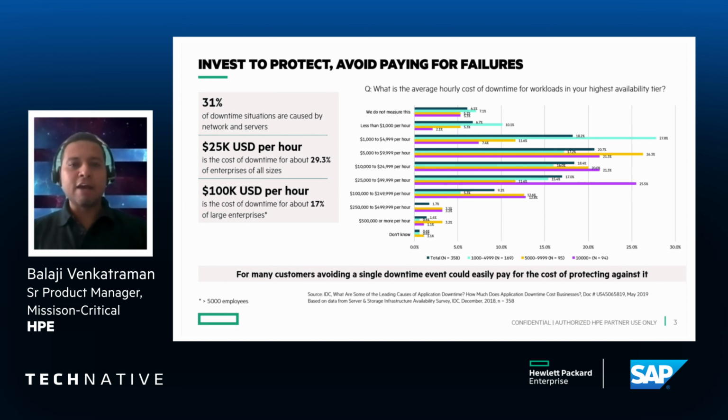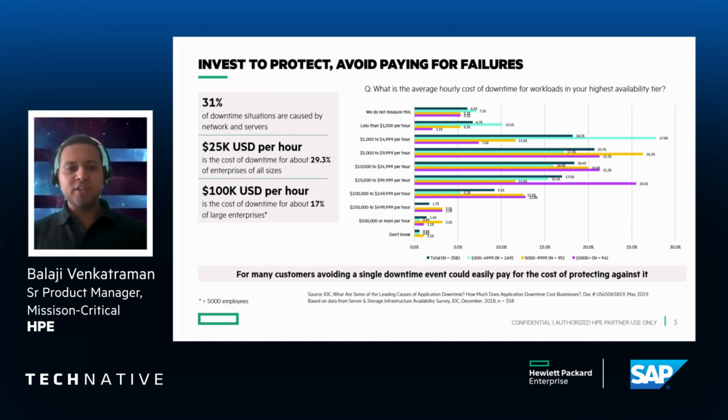A lot of times customers ask me, why should we avoid downtime, or what is the cost of downtime? Just to give you a perspective, this is a survey which IDC conducted. They surveyed close to 350 companies and asked them, what is the average cost of downtime per hour for you?